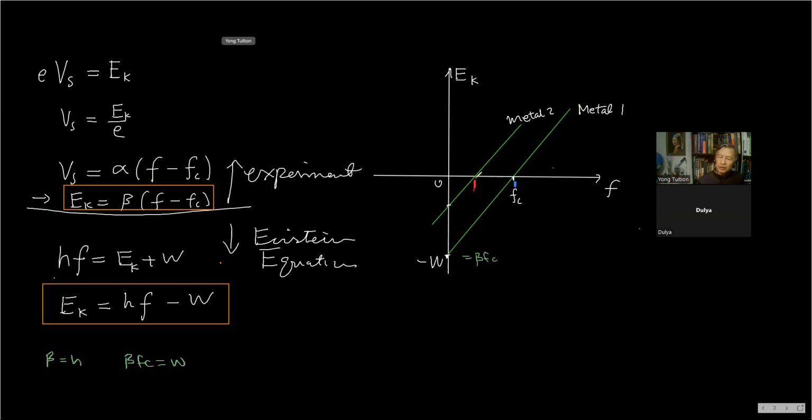If we still use this red light source, can we detect the photoelectric effect from metal 1? No. Why not? Because metal 1 requires more energy than metal 2. That's right. The cutoff frequency is higher.